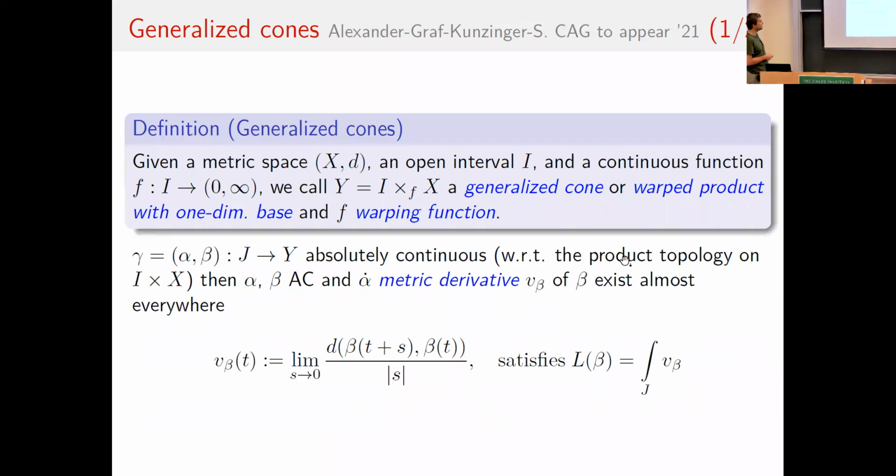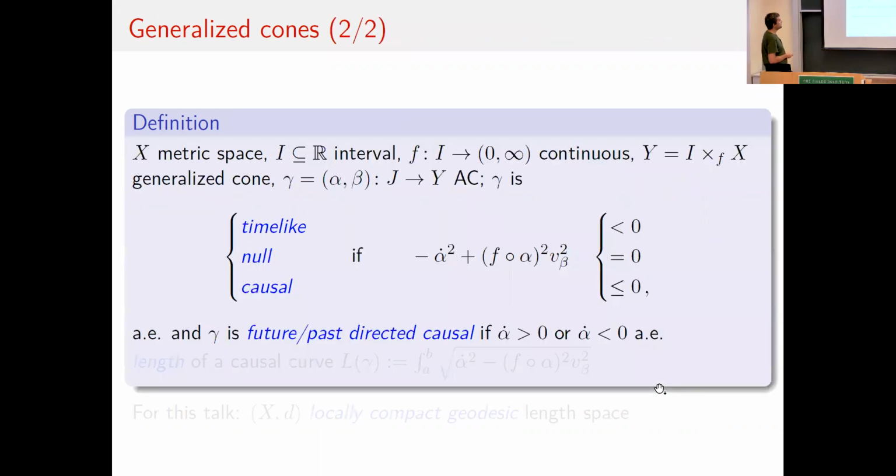The metric derivative is just that you take the limit of the distance d(beta(t+s), beta(t)) divided by the absolute value of s, and you can use the metric derivative to calculate the length of beta. So if you just integrate the metric derivative, you get the length. Then you can define a causal structure as follows.